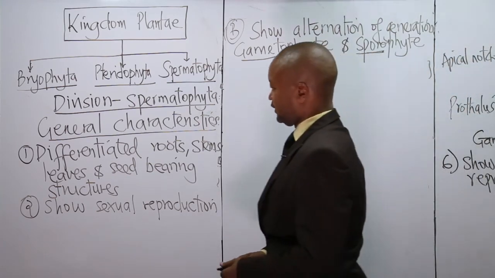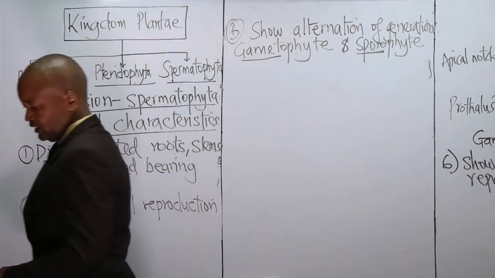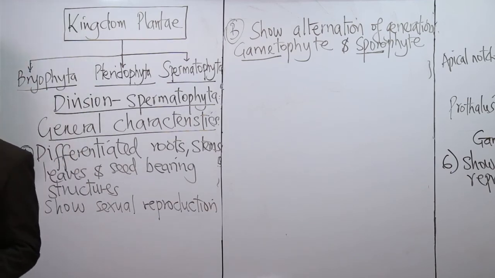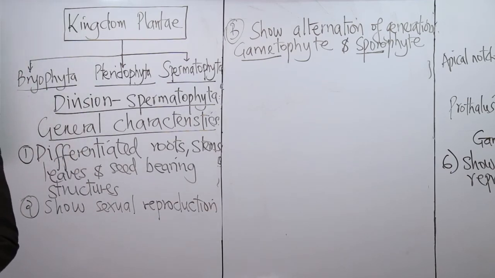So these are some of the general characteristics that we have under this. But remember, fertilization and sexual reproduction will be produced, and it is a bit unique because fertilization leads to development of fruits and seeds. And then, of course, they contain chlorophyll, which is the pigment for photosynthesis, so they photosynthesize.